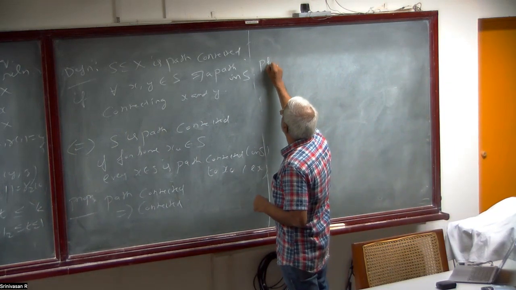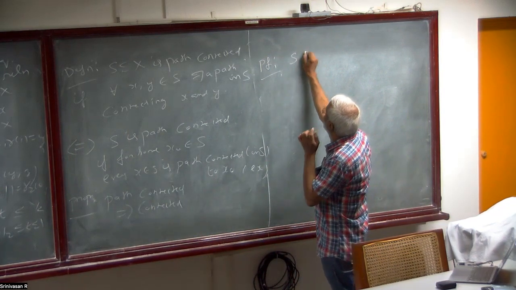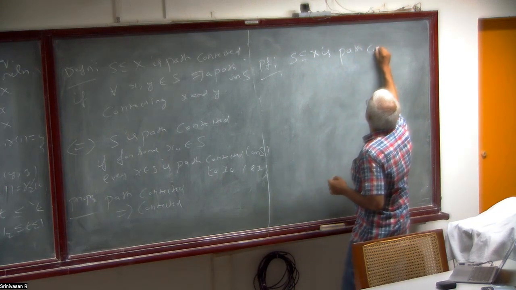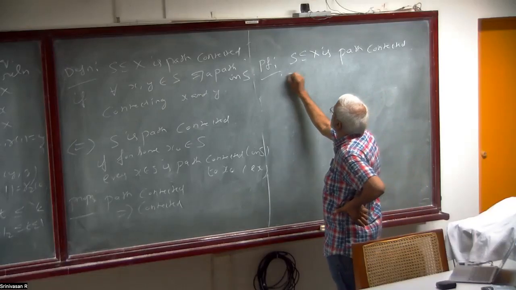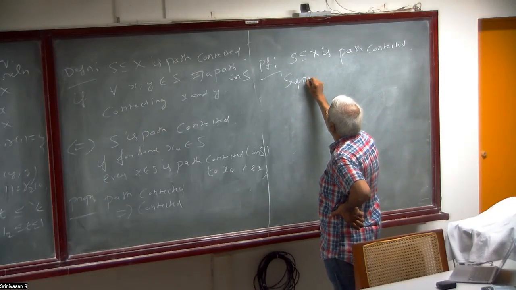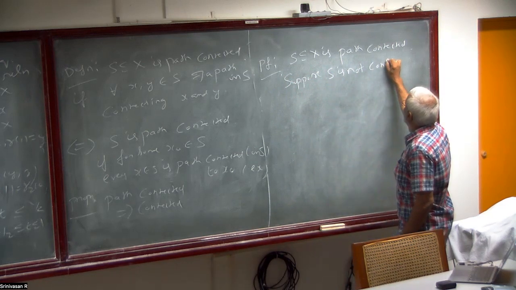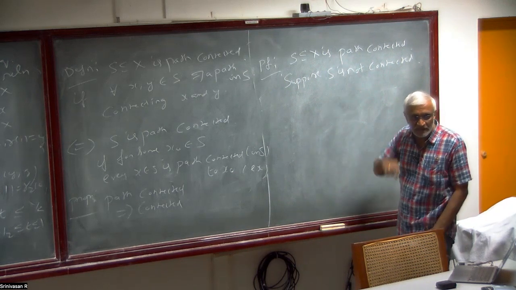Proof. Suppose S contained in X is path connected. Suppose S is not connected. We want to prove it is connected, so suppose it's not connected, then we want to prove it's not path connected.